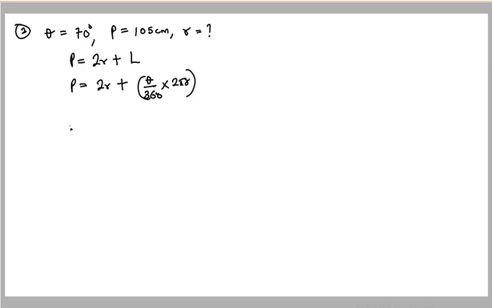So let's see. Plug in what you're given. My P here is given as 105. So we write 105 equal to 2, we don't know r.